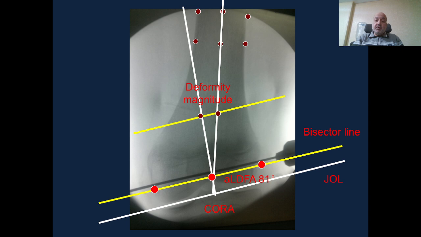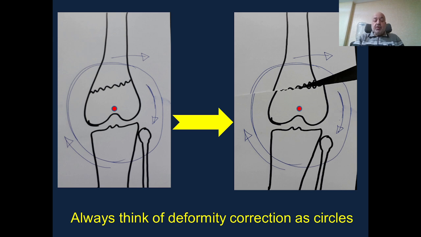Doing osteotomy rule 2, we have to do some translation of the distal fragment. The amount of the translation depends on how far we do the osteotomy from the site of the CORA. Doing osteotomy rule 2, you have to rotate the distal fragment.